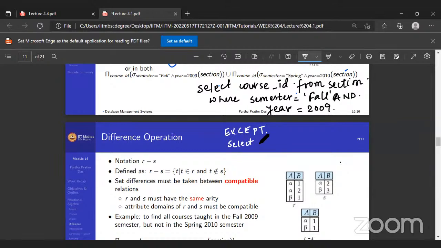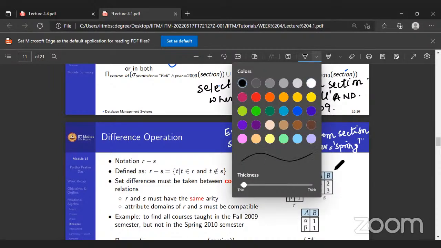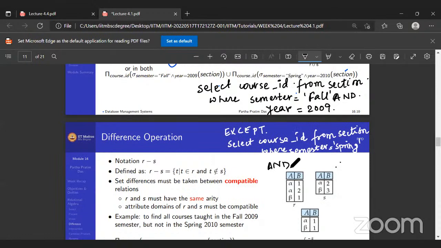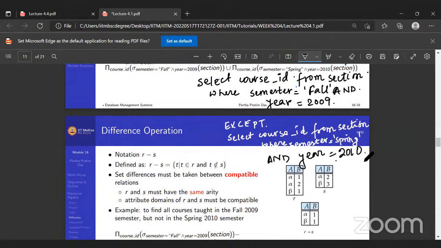Select then course ID from section where semester is equal to spring and year is equal to 2010, right?